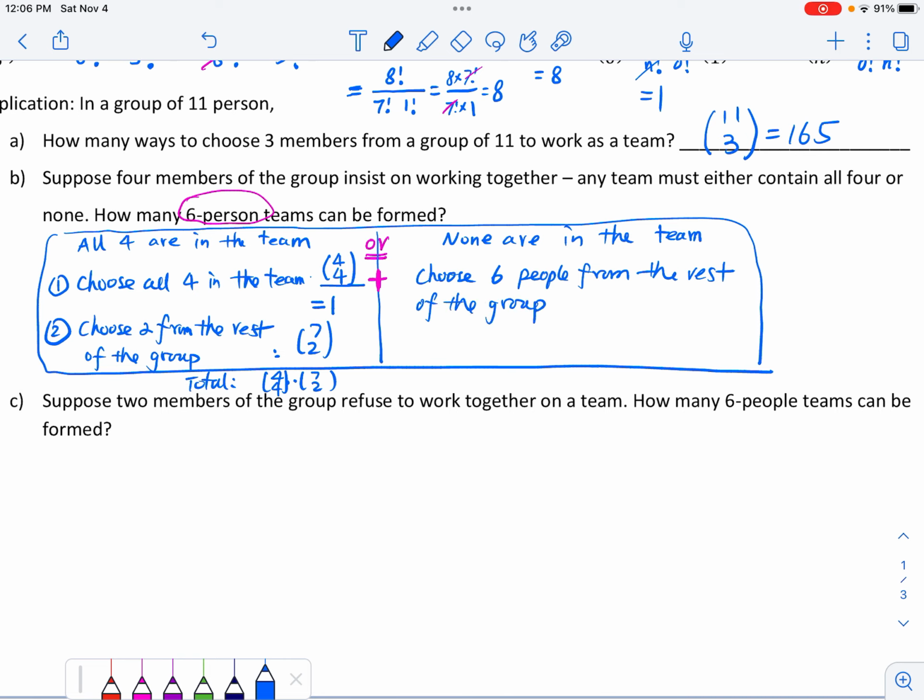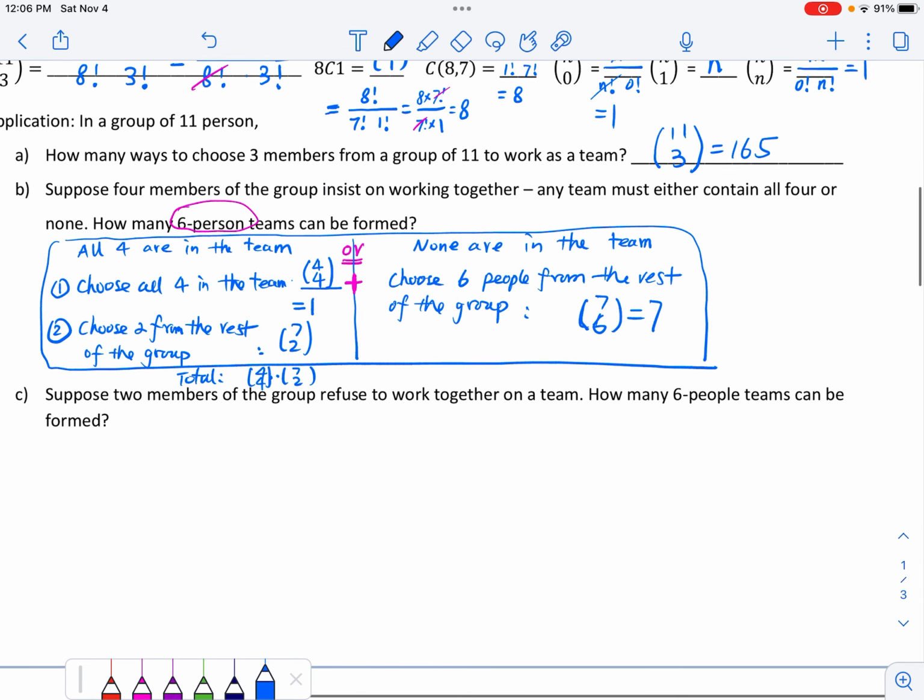Which means 7 choose 6, right? 7 choose 6 is just 7, that's easy. So now, therefore my final answer will be 4 choose 4, which is just 1, times 7 choose 2 plus 7 choose 6, okay?